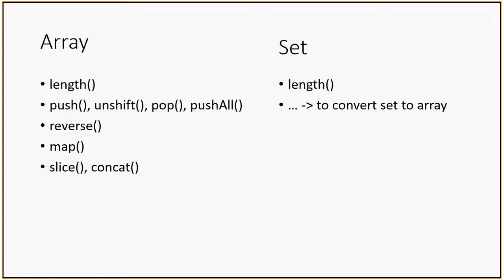What it does is convert the set to an array. If you put three dots and mention the set variable, and then assign that to an array, it converts the set to an array. It's a shorthand operator. I've used this in one place.